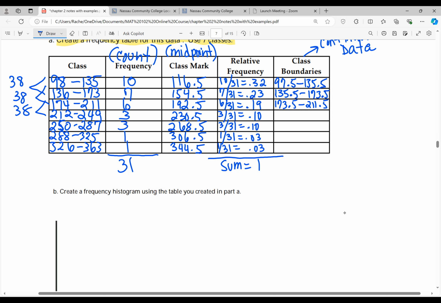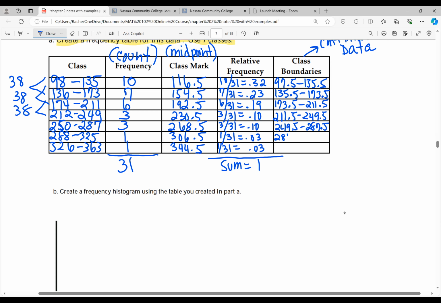So let's continue. The next one is going to go from 211.5 to 249.5. Then we're going to go from 249.5 to 287.5.